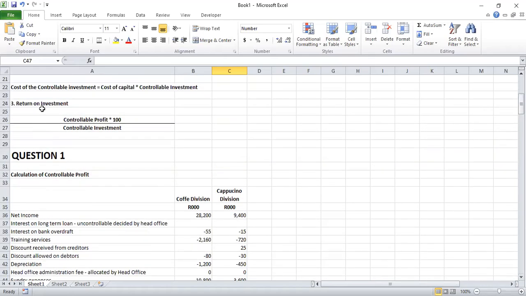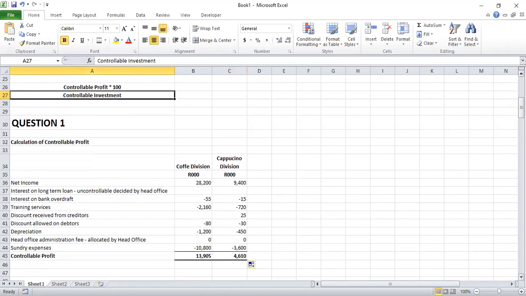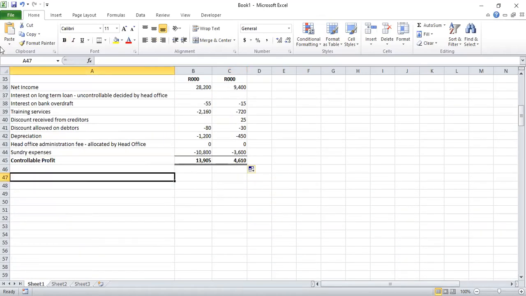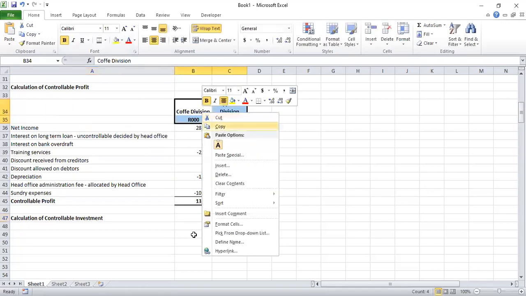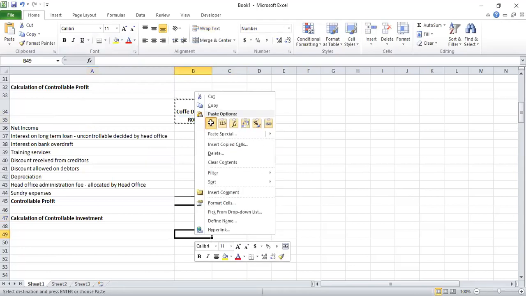But remember, to calculate our return on investment, we also need the controllable investment. So let's calculate the controllable investment. Remember, a controllable investment is current controllable assets minus controllable liabilities.